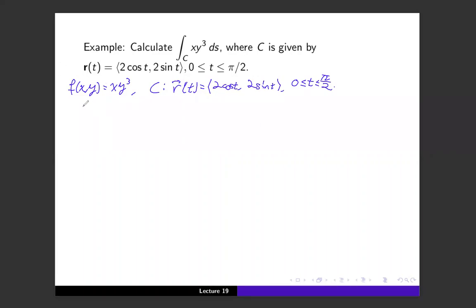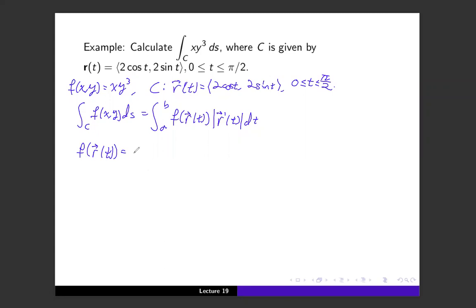So in this case, we know that the integral over c of f of x, y ds is the integral from a to b of f of r of t times magnitude r prime of t dt. Now, we know what f is and we know what r is. So what's f of r of t?